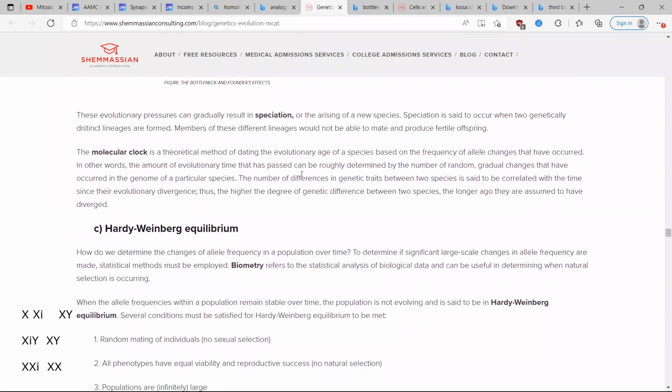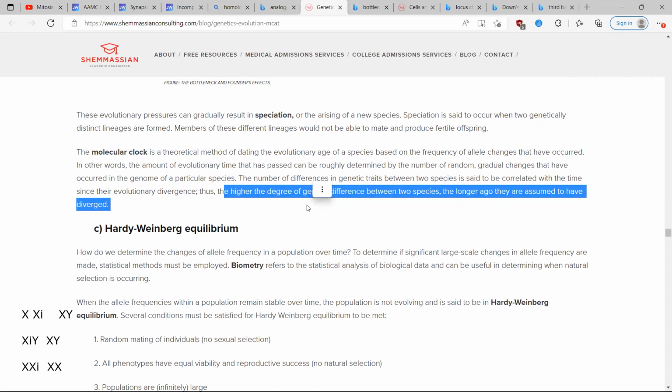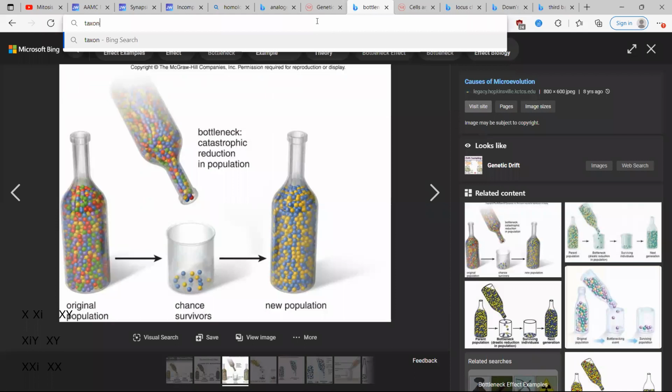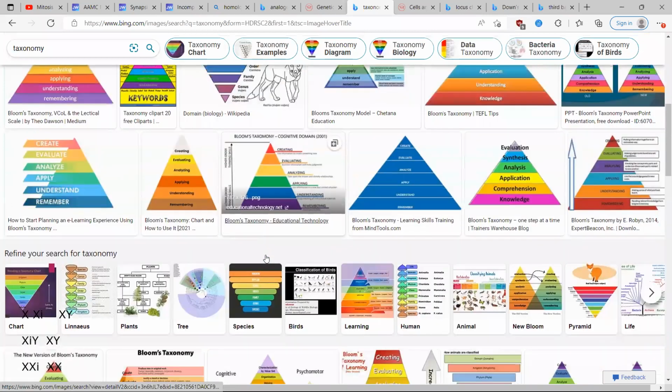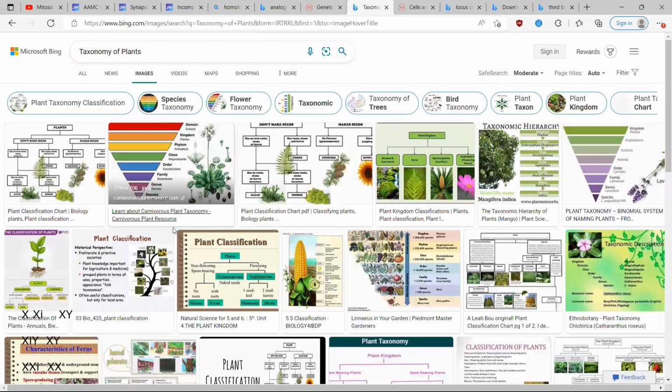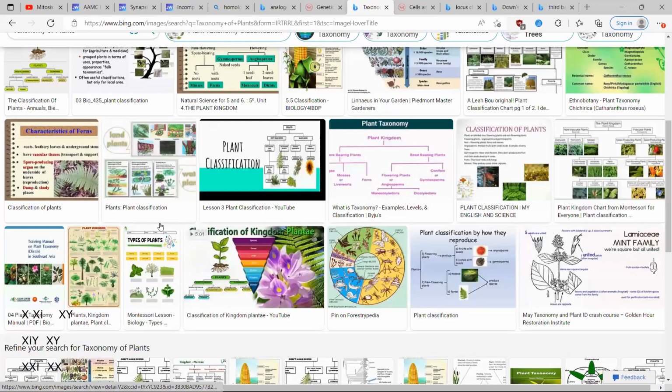The molecular clock is a theoretical method of dating the evolutionary age of a species based on the frequency of allele changes. The higher the degree of genetic difference between the two species, the longer ago they were assumed to have differed. So this is related to taxonomy.